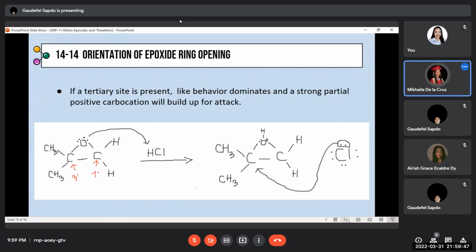Remember that in our earlier example, only secondary and primary sites were present. If only those two are present, the reactant attacks the less hindered one, which is the primary. But when a tertiary is present, it attacks the tertiary. There is also an arrow between the carbon and oxygen, which indicates the opening. So next slide, please.